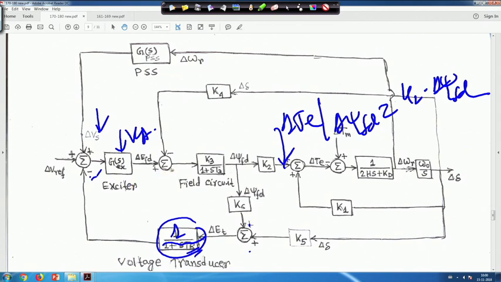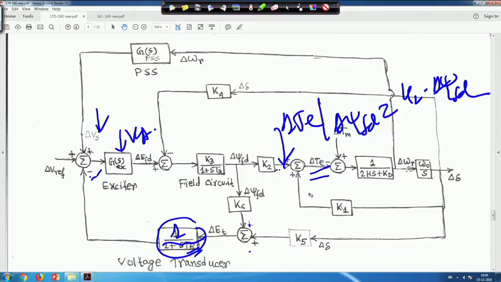Then with that, minus K4 delta will come, into K3 upon 1 plus sT3, and here another K2 will be multiplied, that is delta TE due to delta psi FD, because of your undergraduate transfer function model.